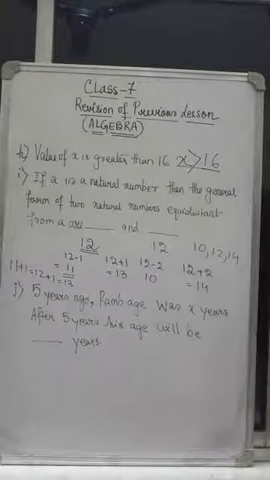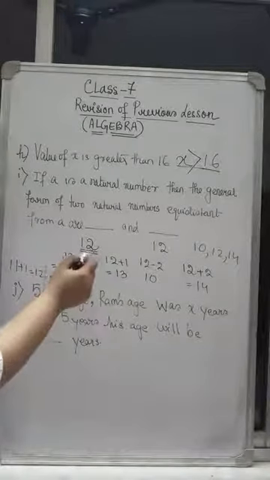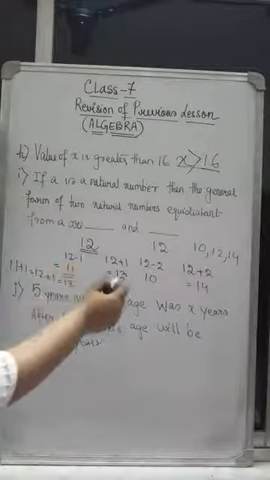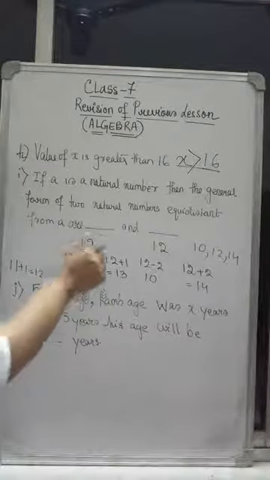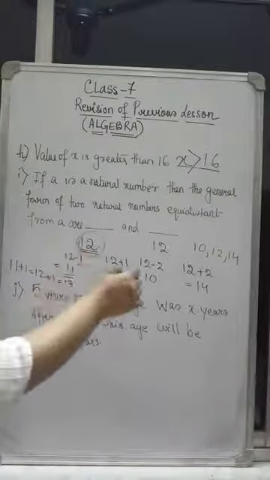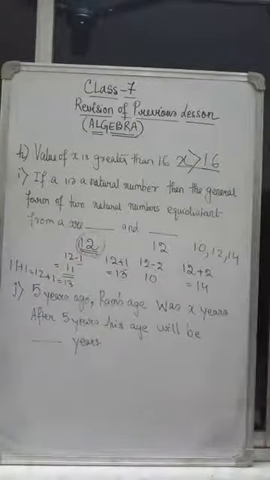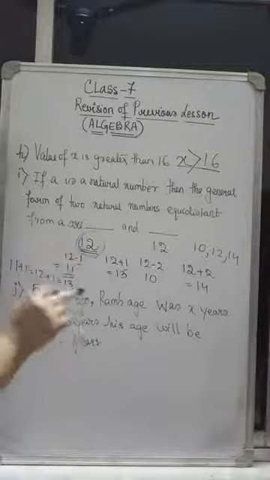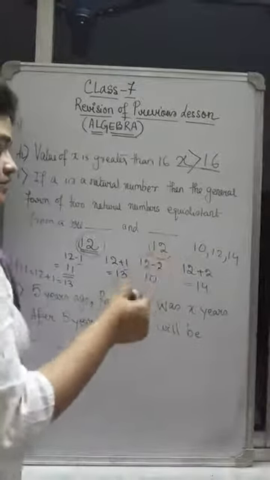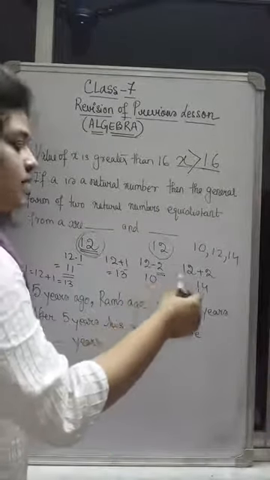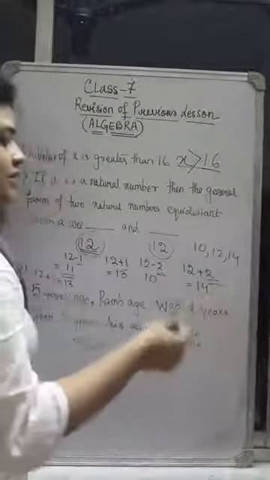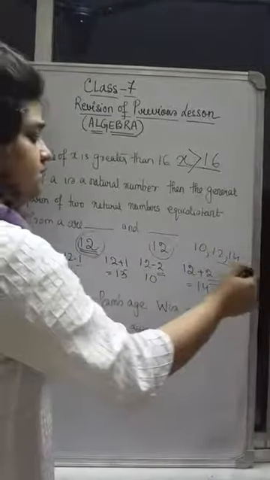So in order to find equidistant numbers, we have to subtract and add the same number with the given number. If I subtract 1, I need to add 1 to get the two equidistant numbers from 12. You can subtract anything, but whatever you subtract from 12, you need to add the same value to 12 in order to get the equidistant numbers.